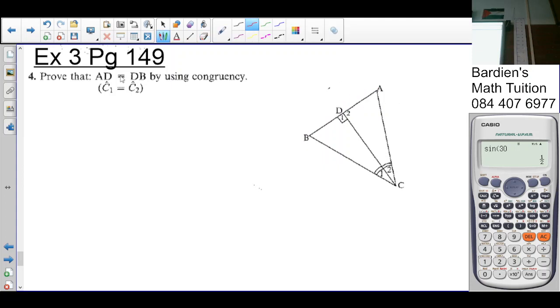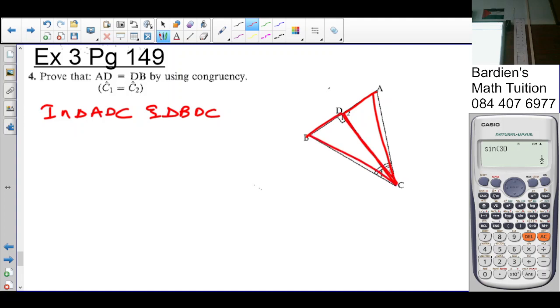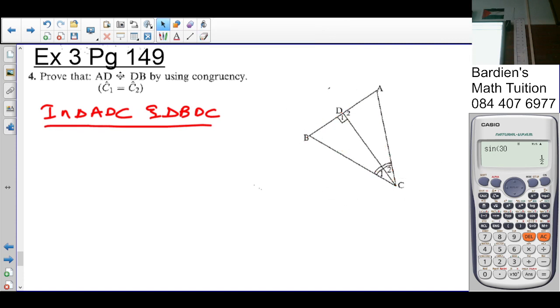Start by saying, in triangle ADC and triangle BDC, not BCD, BDC. Right, what can we say? Write that down. C1 is equal to C2. Why? Given.